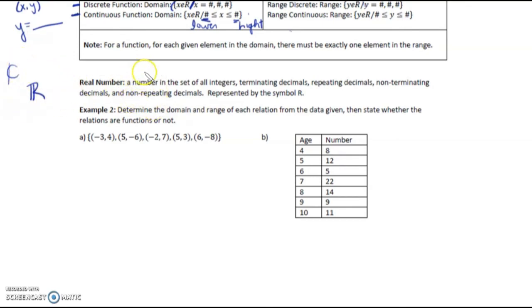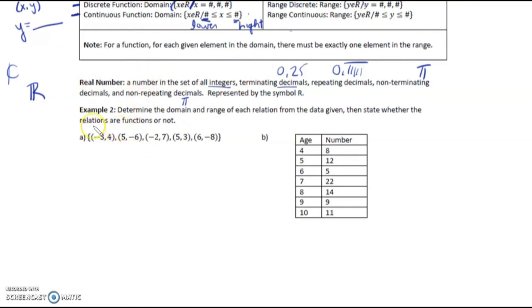But this is basically any integer, any decimal that stops, for example 0.25, any repeating decimals, any non-terminating decimals, and any non-repeating decimals, maybe like pi, it just keeps going. So basically any number that we deal with is in the real number system, so that's why we use that.